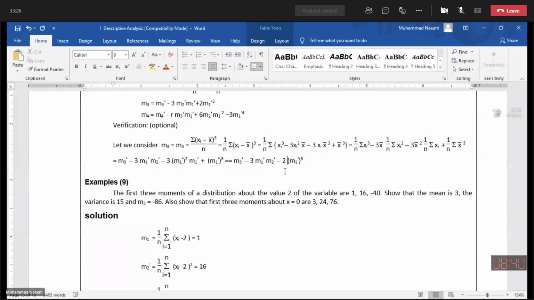This expression, just for convenience, shift this to the right hand side.